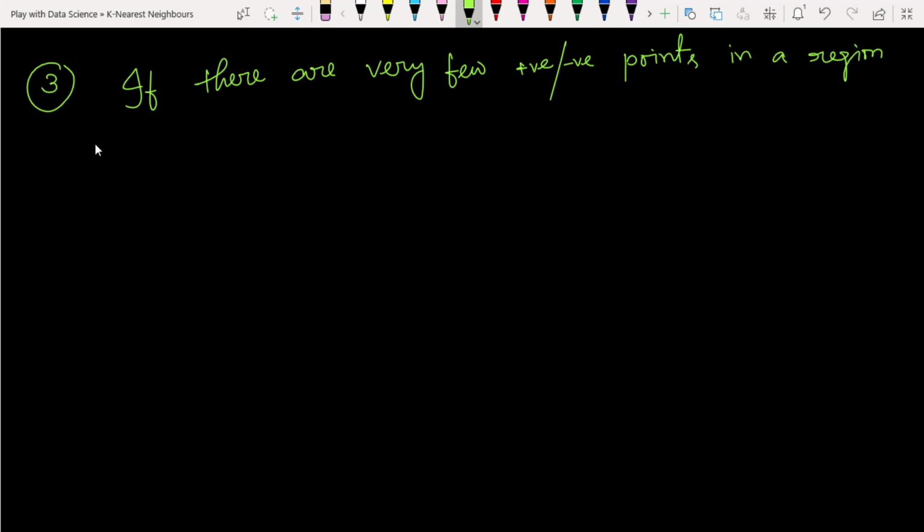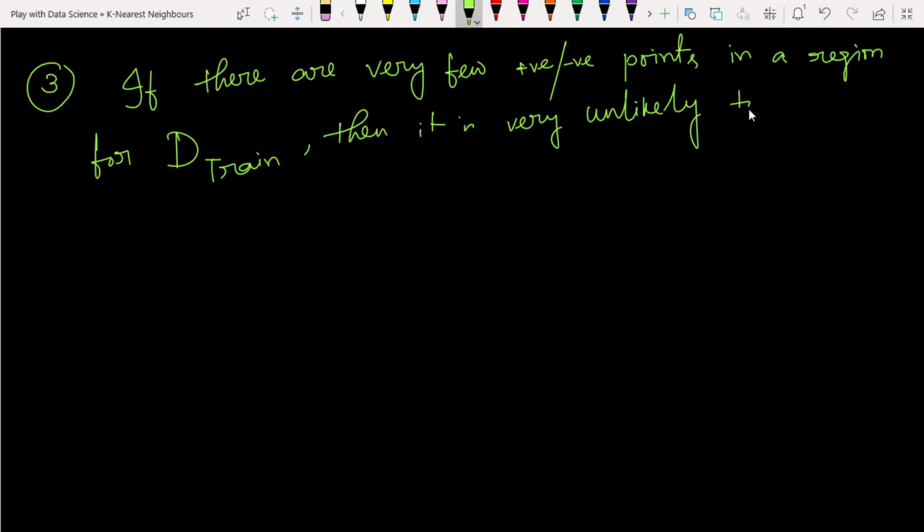In a region of the train set, if there are few points from a particular region of the train data set, then it is very unlikely that there will be positive or negative points from the cross validation in that particular same region.